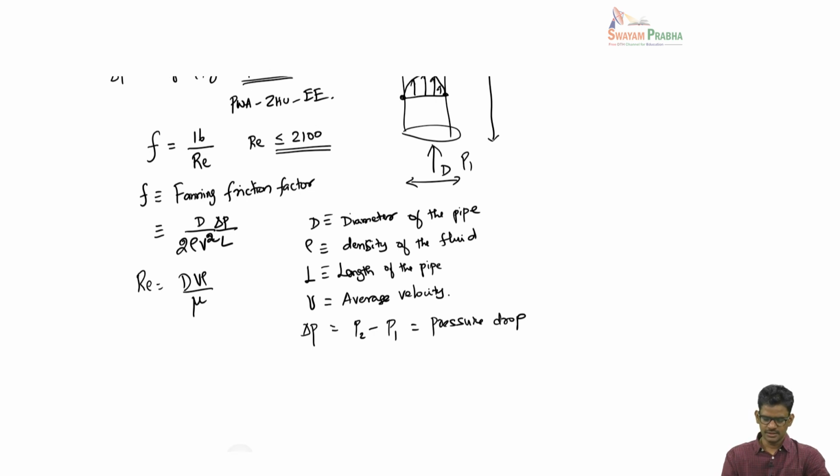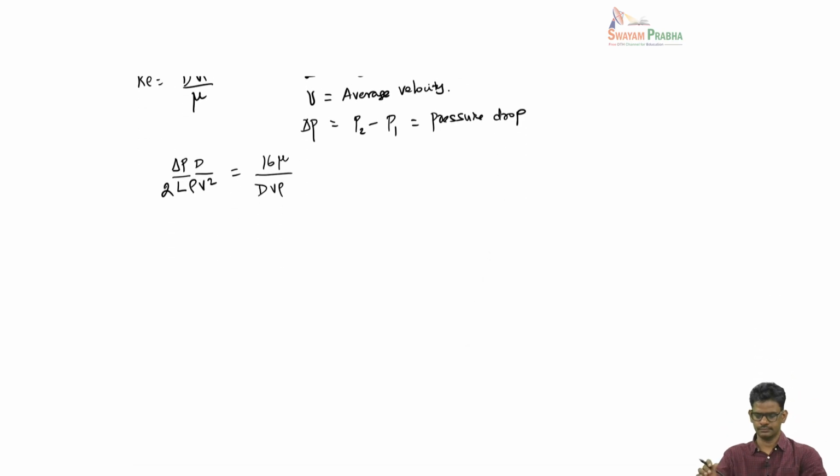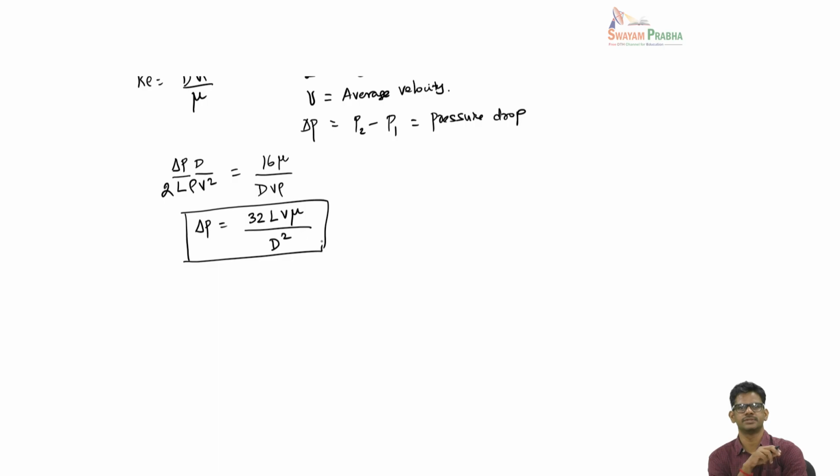So you'll get the equation that we can use to calculate the pressure drop for a laminar flow through a circular tube of a Newtonian fluid.